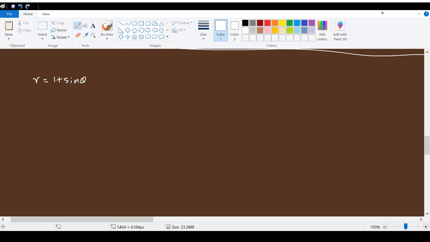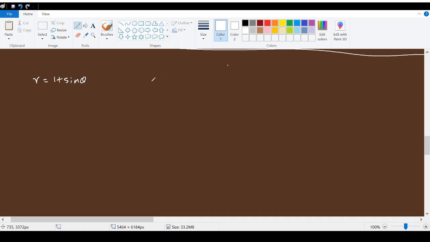Now, to plot a curve of this nature that satisfies this equation, we adopt a very nice method. What we do here is we think about this equation as a curve in the Cartesian plane.